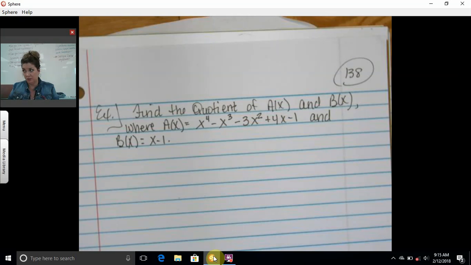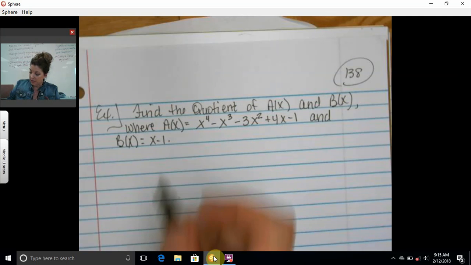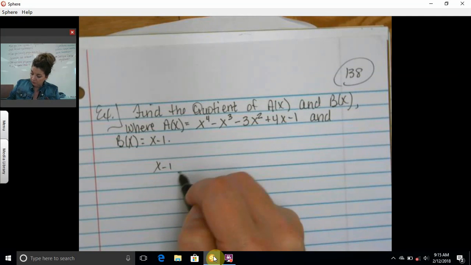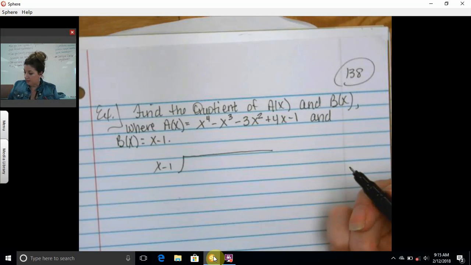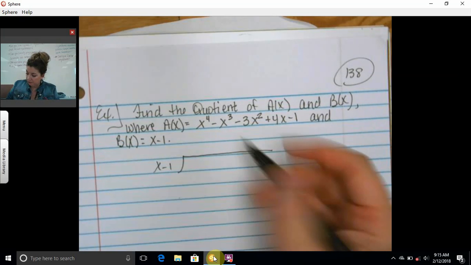So it's asking me to use division. So x minus 1 is my divisor. And my dividend is function a.